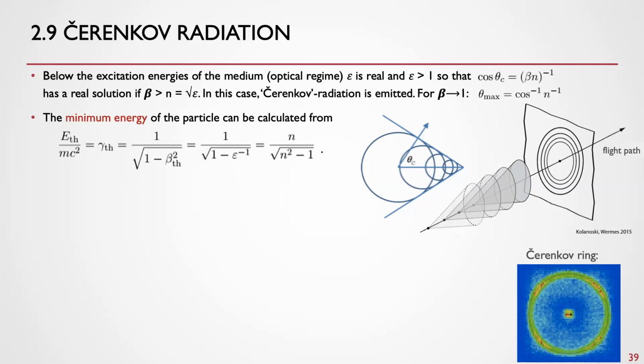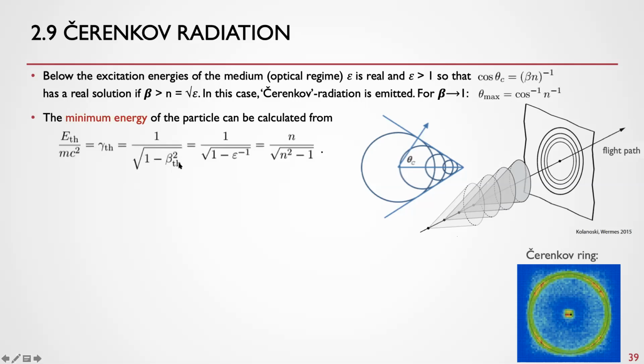Now, let's look a little bit into what the properties of Cherenkov radiation are. There is a minimum energy of the particle above which Cherenkov radiation is emitted. So I don't have to write this down because that's completely straightforward now. The threshold energy of the incident particle is calculated by considering the relativistic gamma factor. Write it as 1 over square root of 1 minus beta threshold squared.